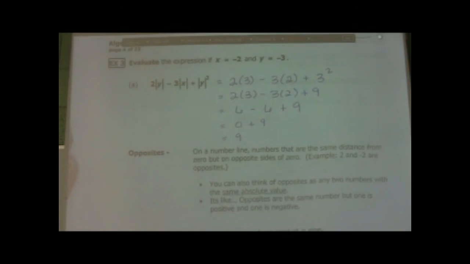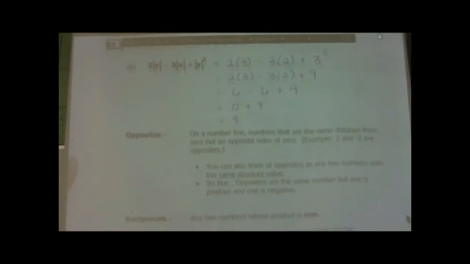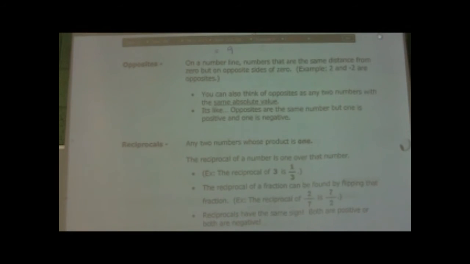All right? I want to take a minute and talk about opposites and reciprocals. On a number line, numbers that are the same distance from 0 but on opposite sides of 0 are what we call opposites. So examples of these are 2 and negative 2. They're opposites. 5 and negative 5 are opposites. 20 and negative 20 are opposites.